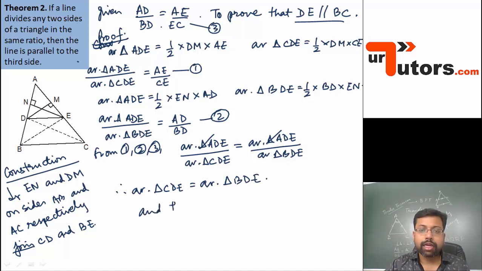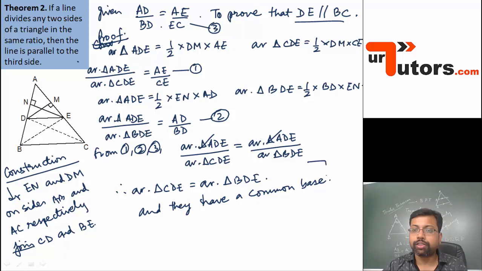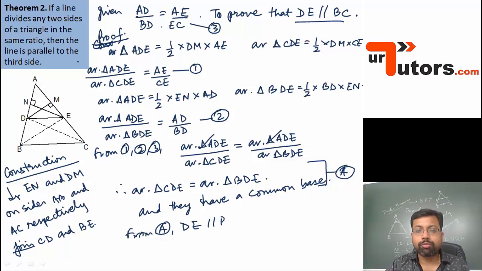And they have a common base. Alright. So combining these two, if these two are combined and called the equation A, we can say from A that DE is parallel to BC.